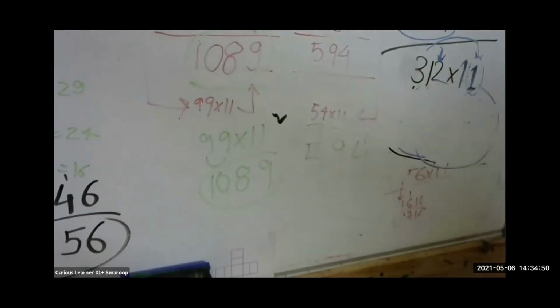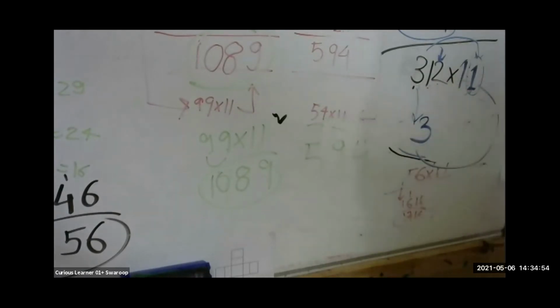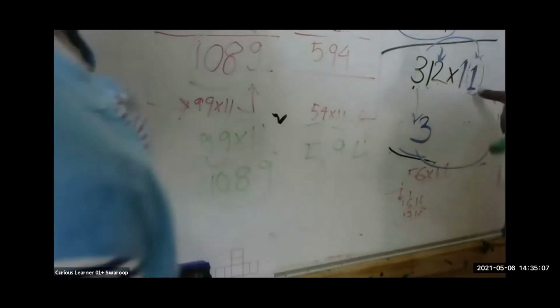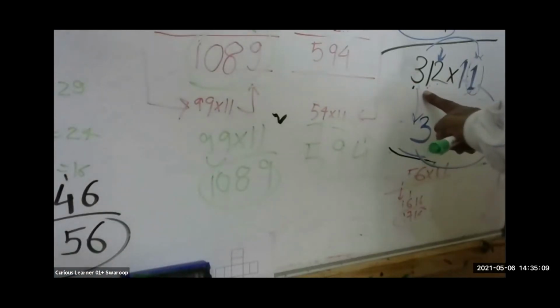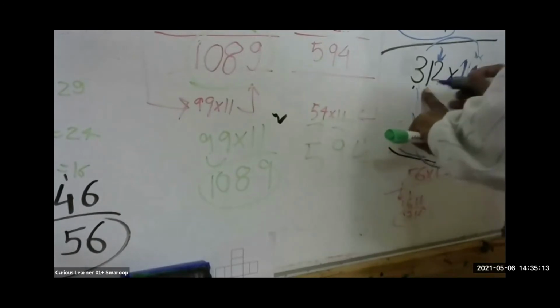So how we went about? 3 as it is. So we write 3 as it is. Now 3 multiplies this number, right? Because last time it was 12, so we multiplied by 2. And this time it is only 1. So simple. 3 1 is 3 plus next number 1. So 3 1 is 3 plus 1, 4.